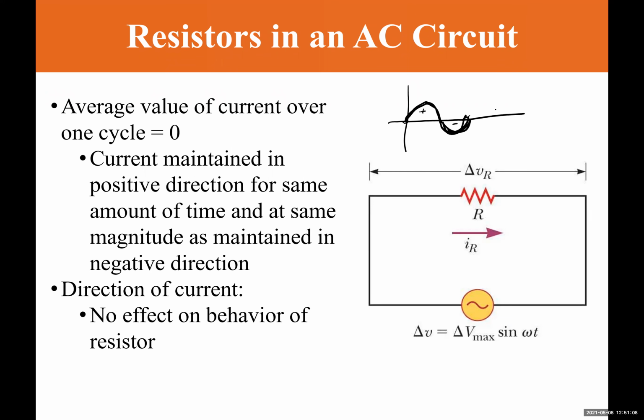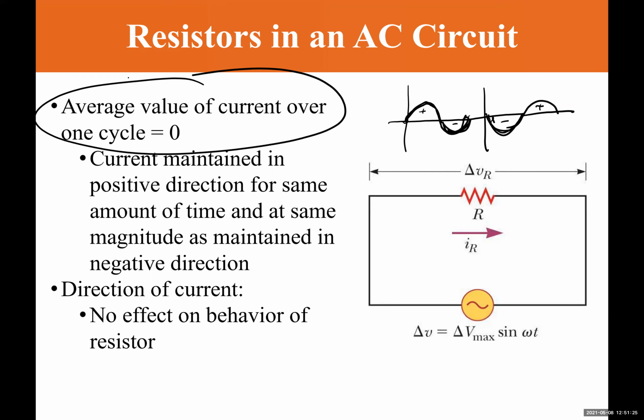If you add them together, you get 0. It doesn't matter if you start like that or like this, because you still get the average current for one cycle to be 0.